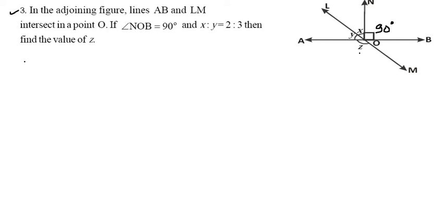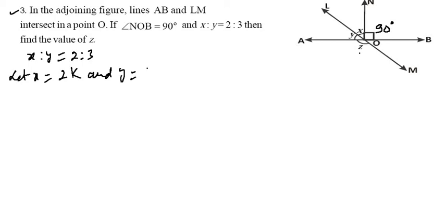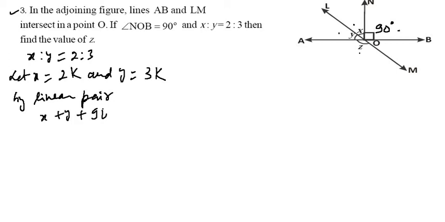First of all, by linear pair, it is given that x to y is equal to 2 to 3. So you can write, let x be equal to 2k and y be equal to 3k. So by linear pair, the sum of all these angles is equal to 180 degrees. So x plus y plus 90 degrees will be equal to 180 degrees.